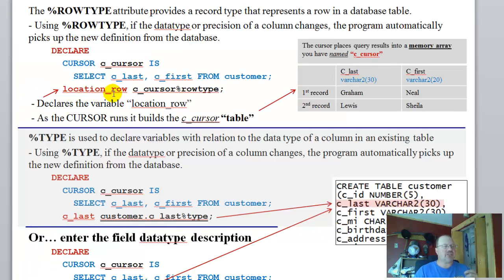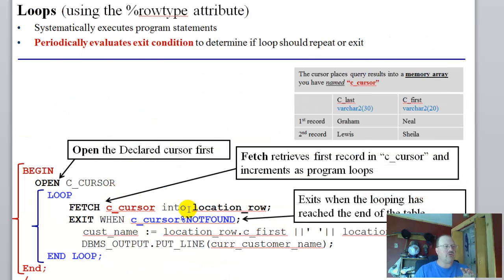So we've defined the variable, and to pull the information from ccursor and %rowtype, meaning pull all the attributes of each one of these fields, into location row. Now this point says exit when ccursor has no information found. And this is the syntax for putting this together.